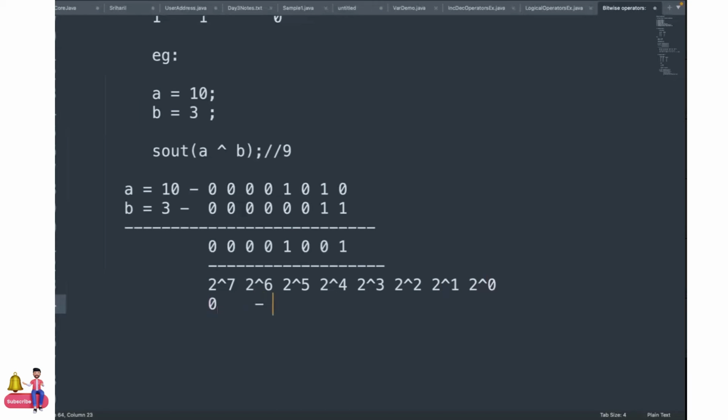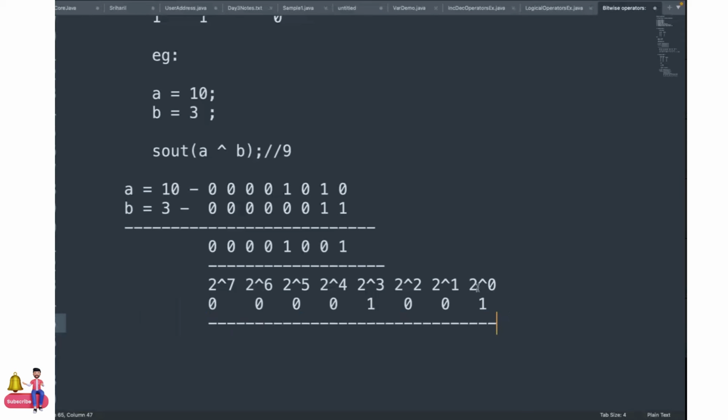Now let's represent this number: 0, 0, 0, 0, and 1, 0, 0, 1. So this number I have taken and written it here. Now I want to convert this into decimal again. So this is a binary representation, right? To convert it, what do I need to do?